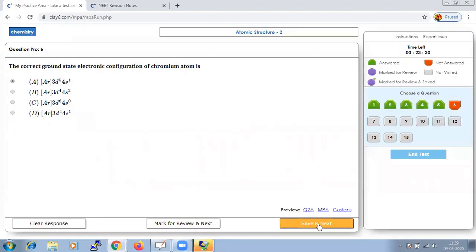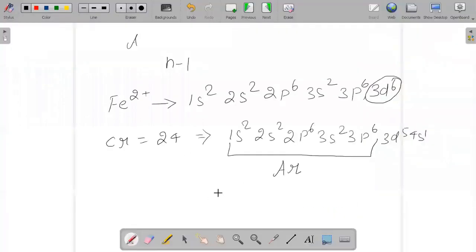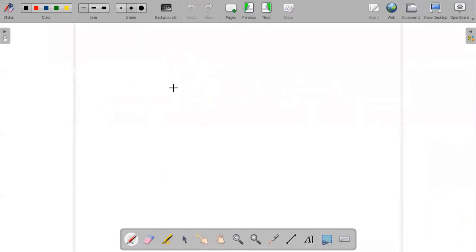Let us save that and go to next. Which of the following has maximum number of unpaired electrons? It's important. So we have to do a simple step, that is, we have to do the electronic configuration of each one given in your options.